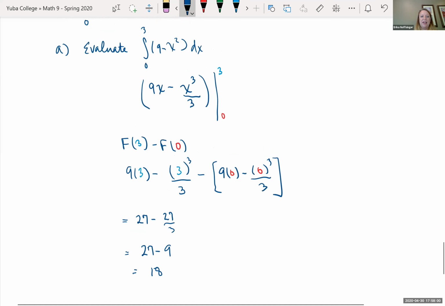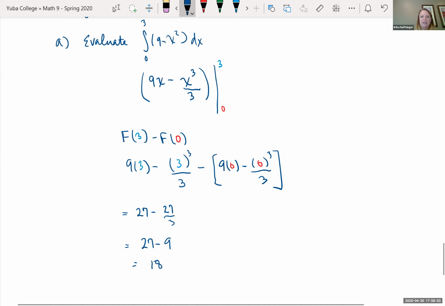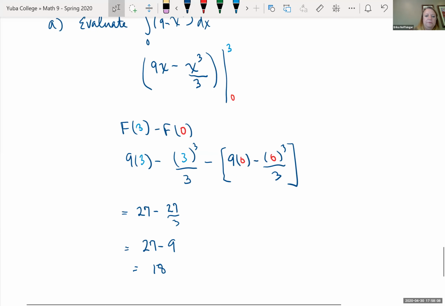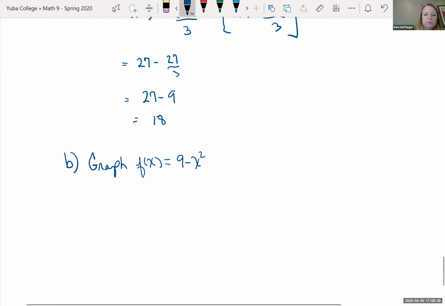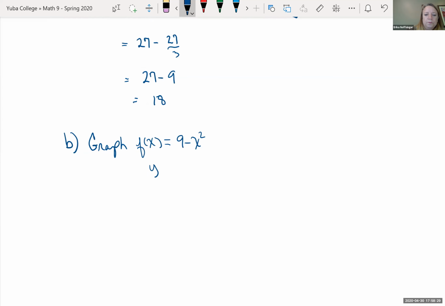We are now wanting to graph f of x equals 9 minus x squared. If it helps you, we can rewrite f of x as y. Okay.